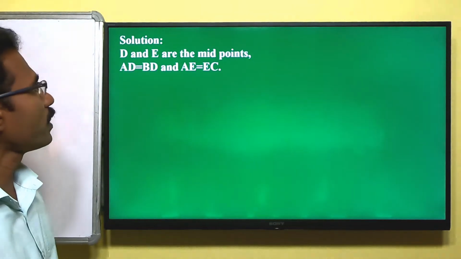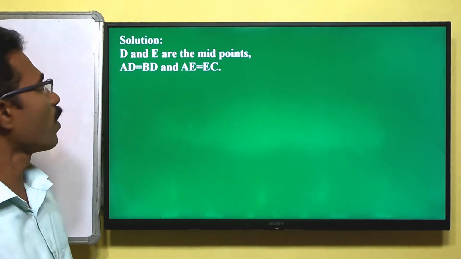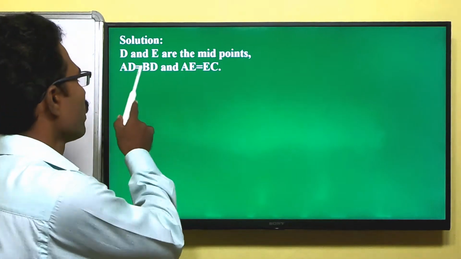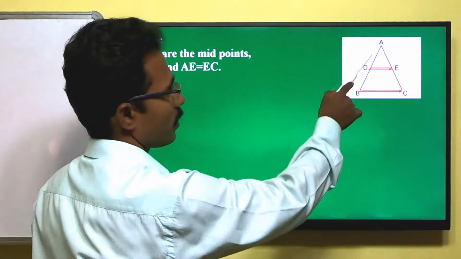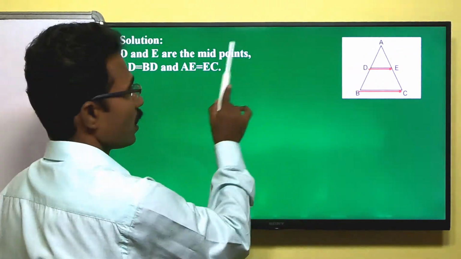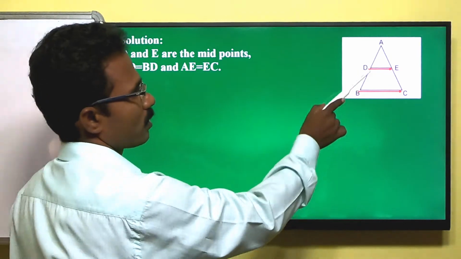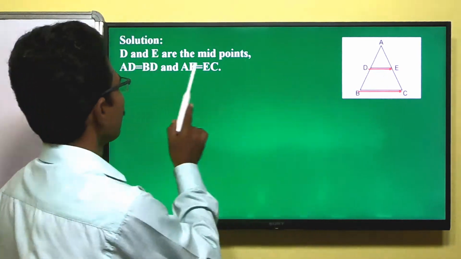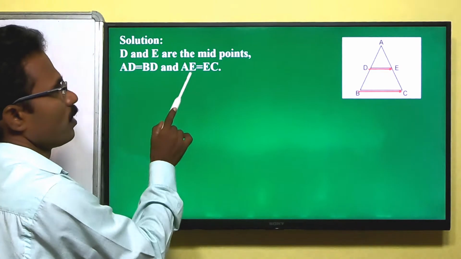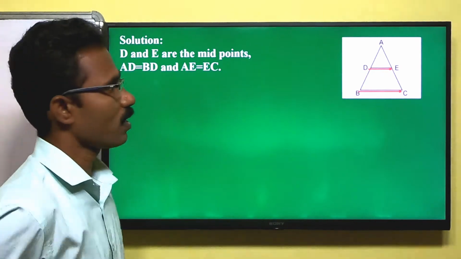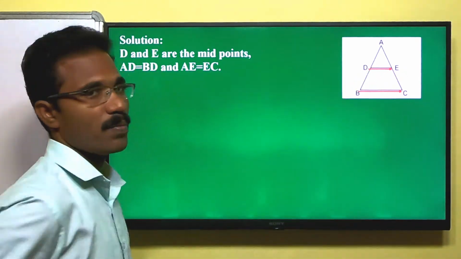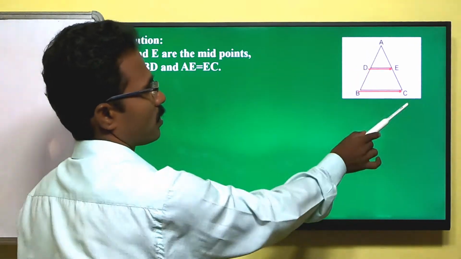Since D and E are the midpoints, we can write AD equal to DB. Same way AE equal to EC, because D and E are the midpoints of AB and AC.